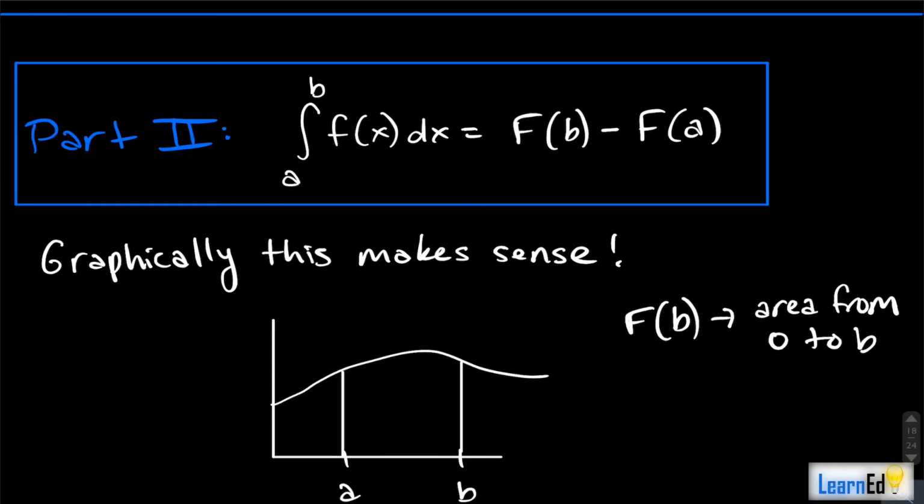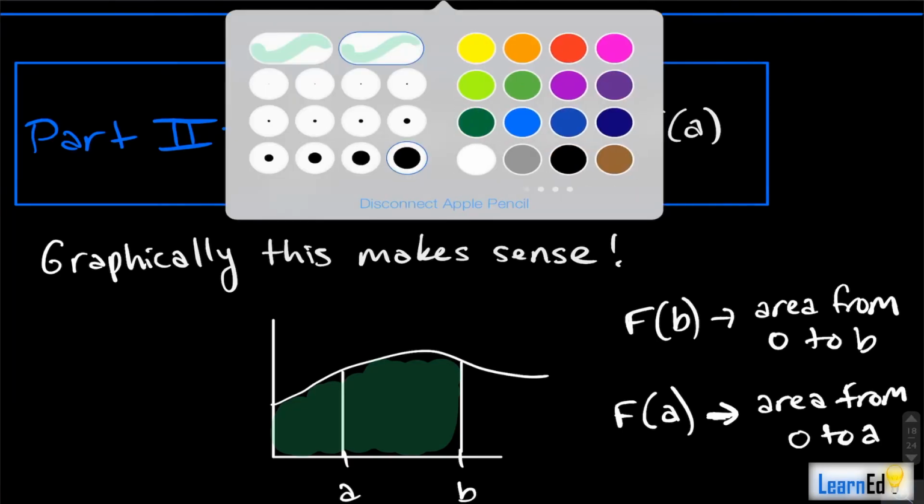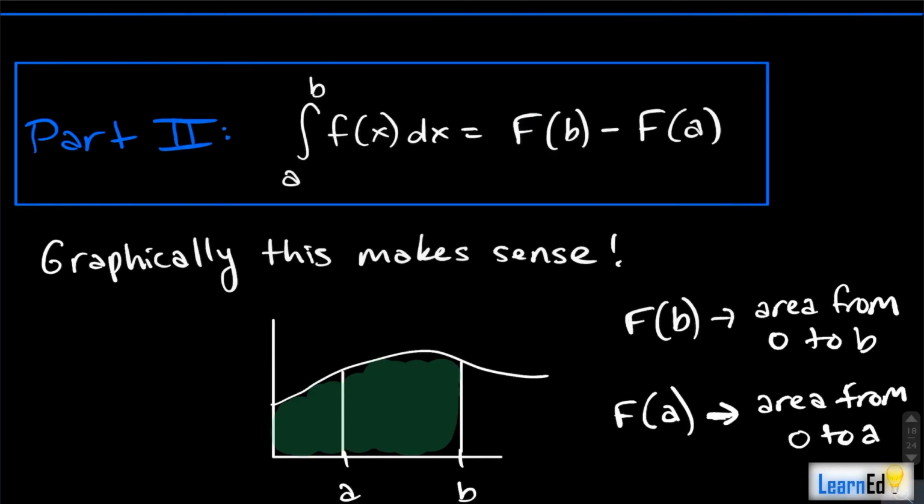And so you get this whole mess right here, not the area from a to b, but when you plug in a and you subtract it off of that, the reason why that works is because that's the area from 0 to a, right? That's the area that you have to subtract from F of b. So you end up subtracting this piece right here.